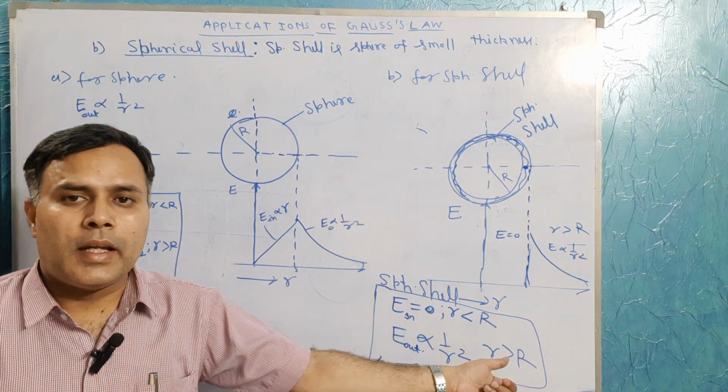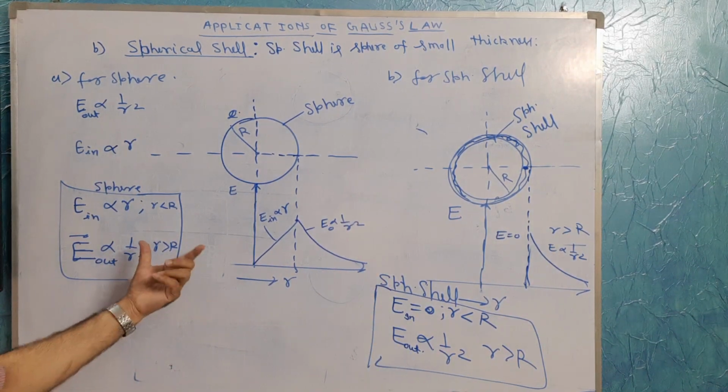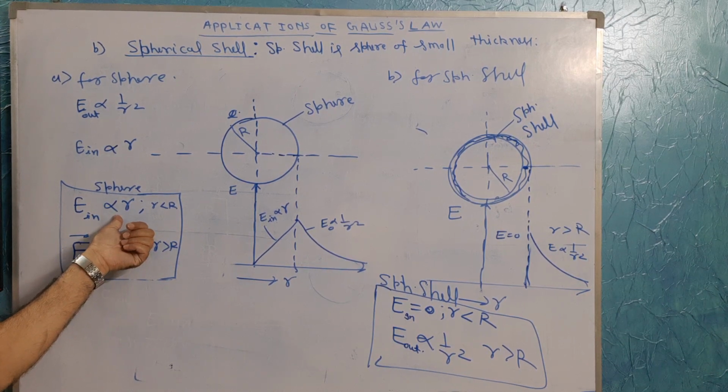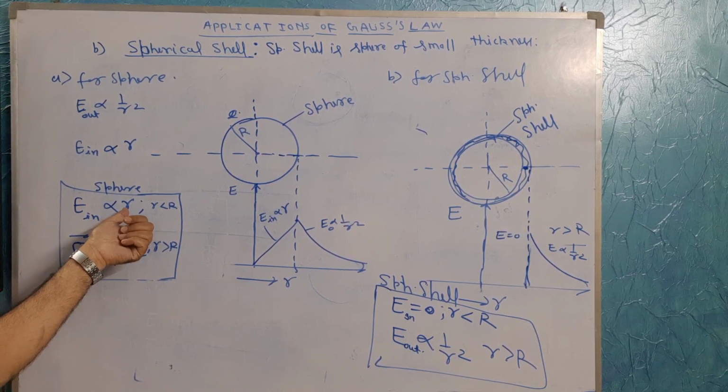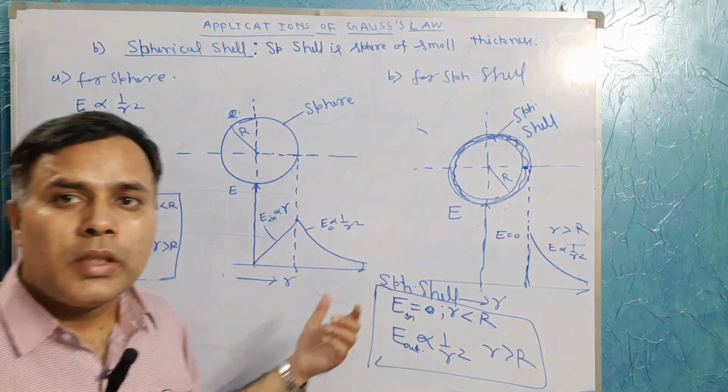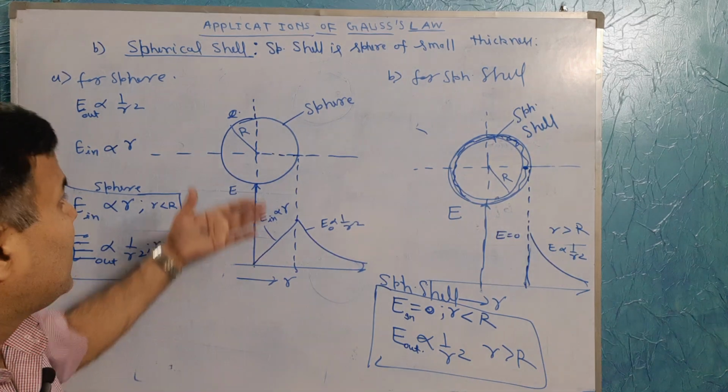For r greater than R, we have the same profile of electric field. But for r less than R, the electric field inside the uniformly charged solid sphere is directly proportional to r, while for the cell it is 0. So it's all about the electric field and their comparison.